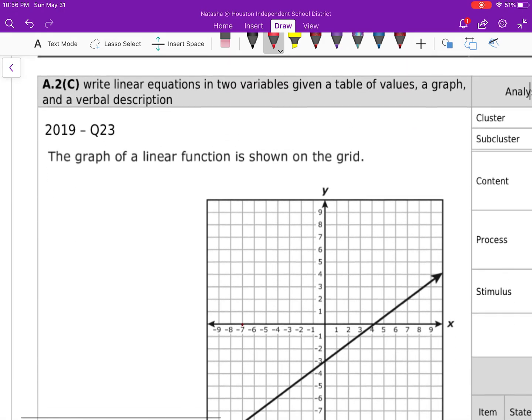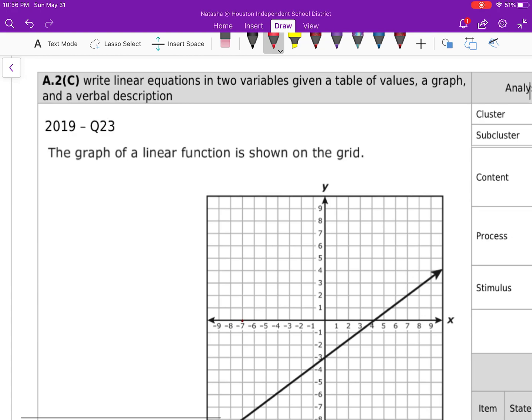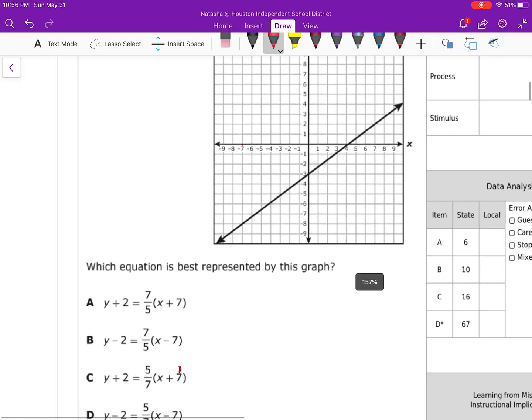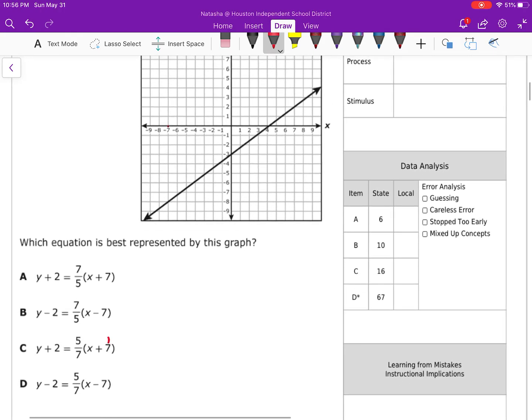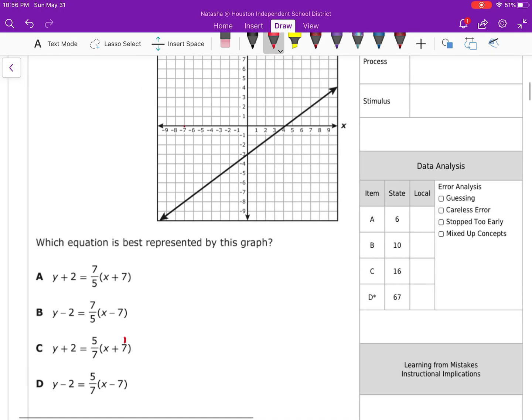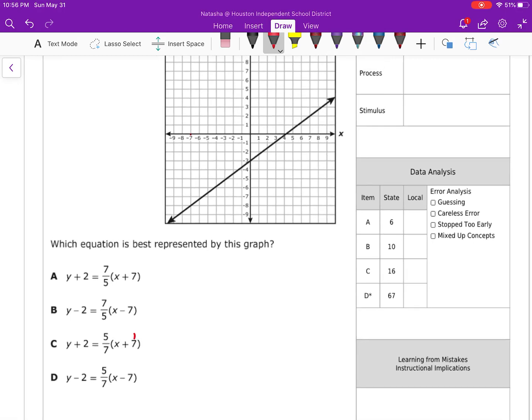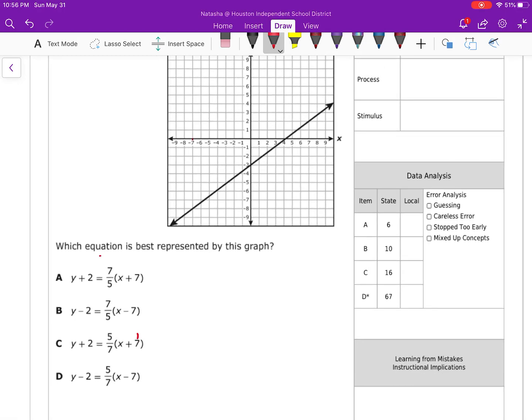All right, we're going to do a new section here, doing linear equations with two variables given a table. So let's talk about what we need to do with that. If I look at my answer choices, they're in point slope form. And the important thing is to let me know that this is my slope, this is my x1, and this is my y1.